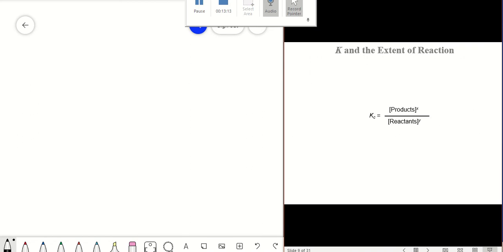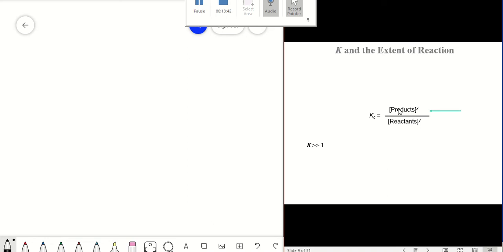Let's say this is a general expression of a reaction: the equilibrium constant equals products to the power of their stoichiometric coefficients divided by reactants to the power of their stoichiometric coefficients. Now let's say for a given reaction I tell you that the equilibrium constant is greater than 1. That means that for this reaction I have more products, right? My numerator is going to be higher.